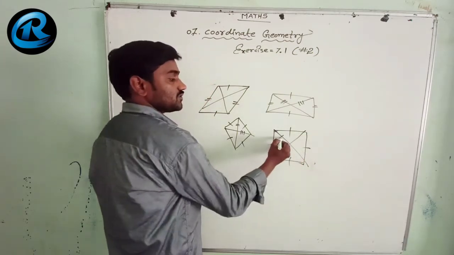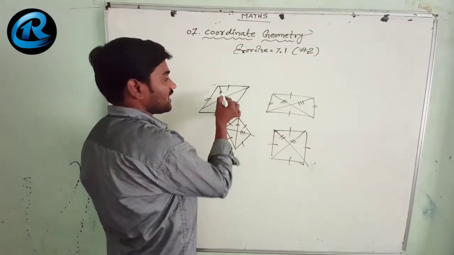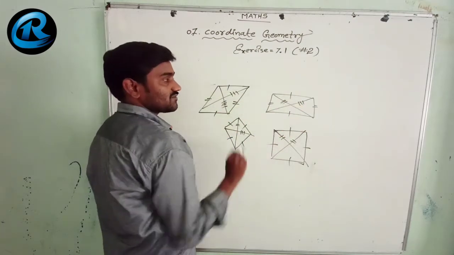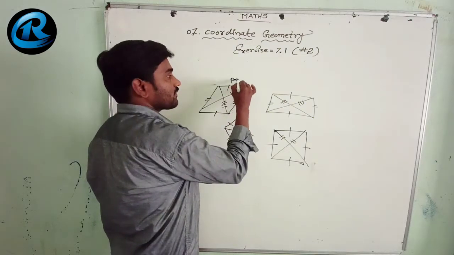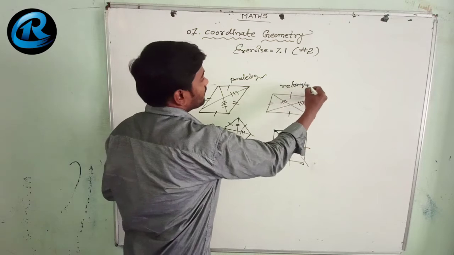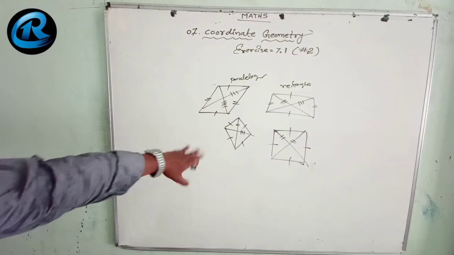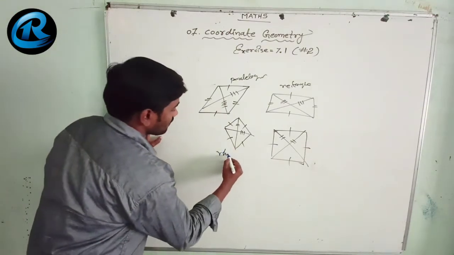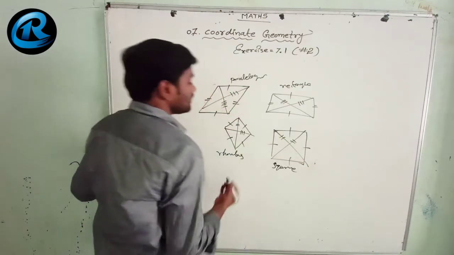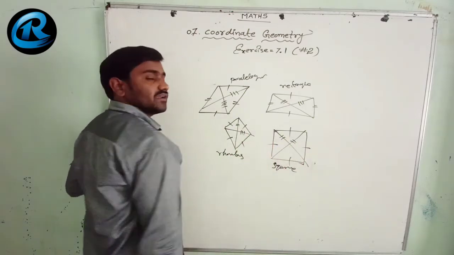So easy to identify. Opposite sides are equal, but diagonals are not equal here. Diagonals are also equal with the opposite sides equal. So parallelogram, rectangle. Here it is rhombus and square. What is the difference between the rhombus and square? Here all the sides are equal, here also all the sides are equal. Here diagonals are not equal, here diagonals are equal.